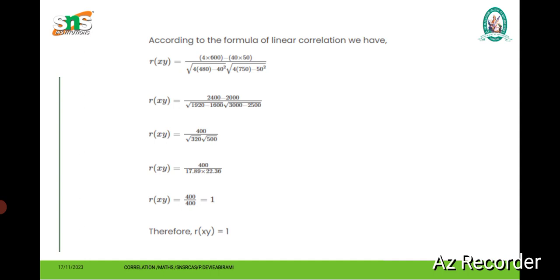By simplifying this, I get the numerator value as 400 and the denominator as square root of 320 and square root of 500. This can be calculated by using a calculator.